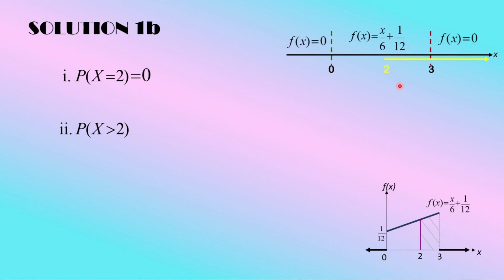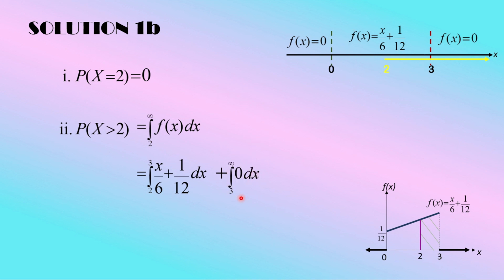So, to find the probability, the integration of the probability density function must be done from the interval 2 to infinity of the function f(x). Then integrate in the following intervals. First, integrate from 2 to 3 for the function x over 6 plus 1 over 12, and then integrate from 3 to infinity for the function 0.